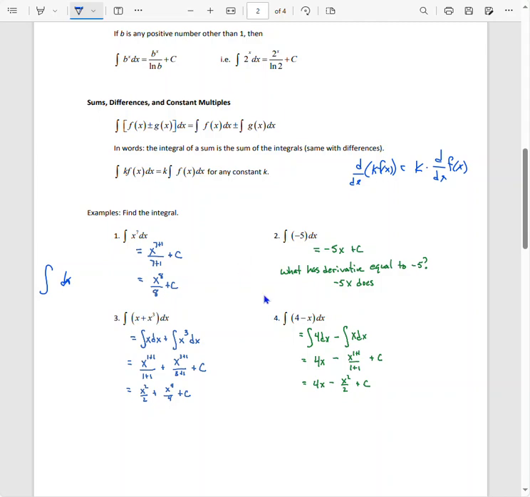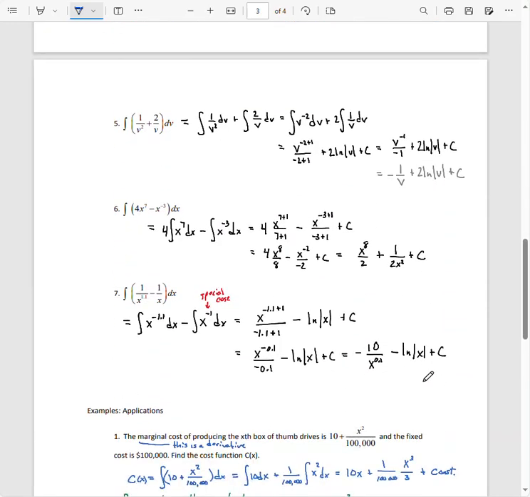So our final answer will be 4x minus x squared over 2 plus c. Take the derivative. Derivative of 4x is 4. The derivative of x squared over 2 is 2x over 2. And the derivative of a constant is 0. So when we find the derivative of our answer, we should get this right here back, right? The integrand.